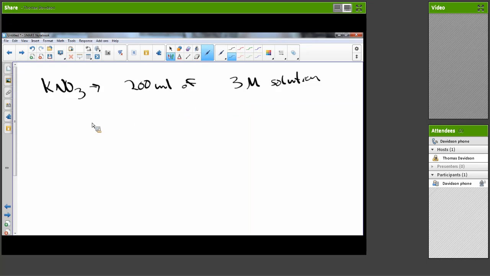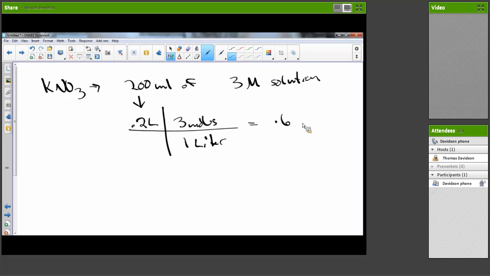So we were saying, all right, this is 0.2 liters. I have 3 moles for every 1 liter. So if I have this much, I have 0.6 moles of whichever thing I was talking about. Are we okay with that? We were taking advantage of this proportion of molarity. Raise your hands if you're okay with this.